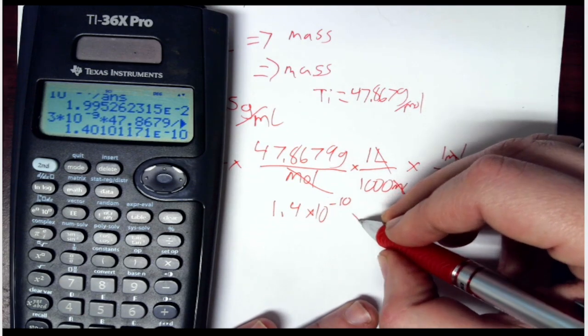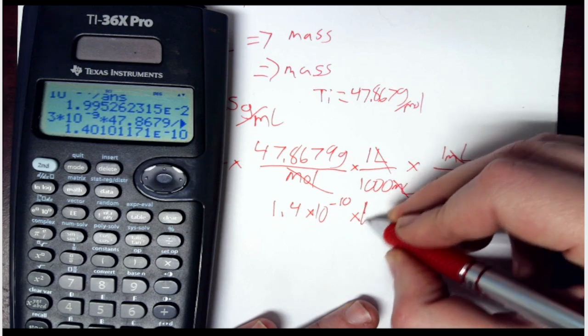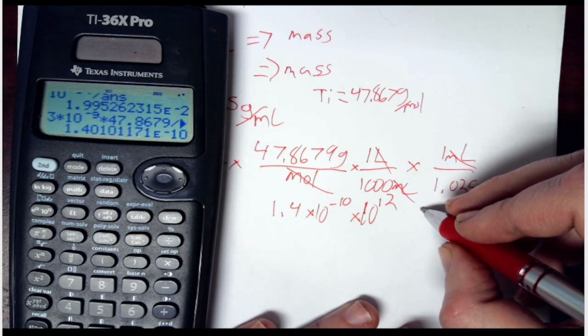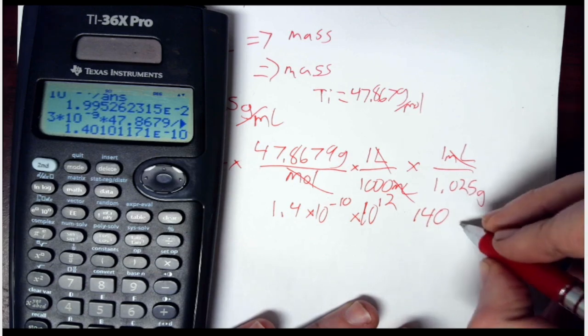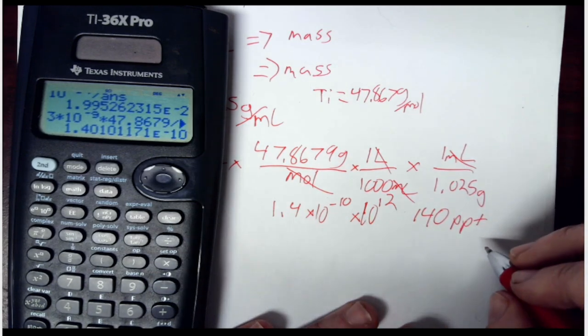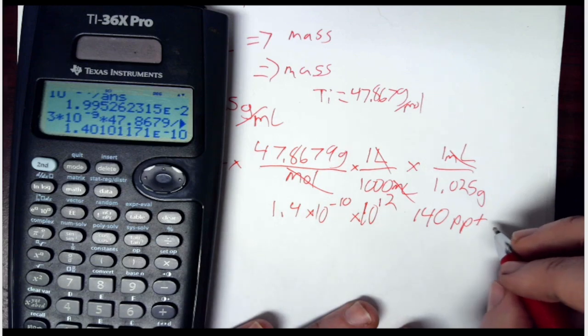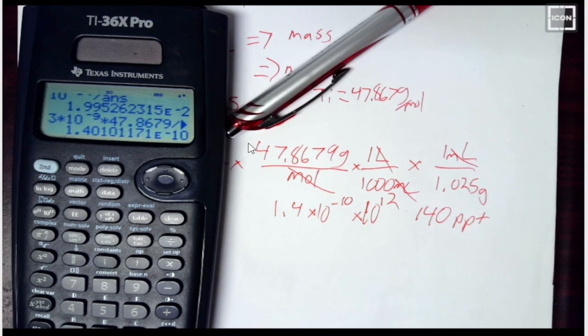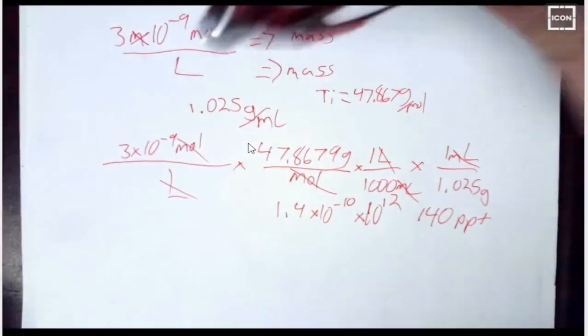So if you go with a trillion, which is 10 to the 12th, that's going to say, oh, I have 140 parts per trillion. Something like 140 parts per trillion. That was number 3. Honestly, that one was very straightforward.